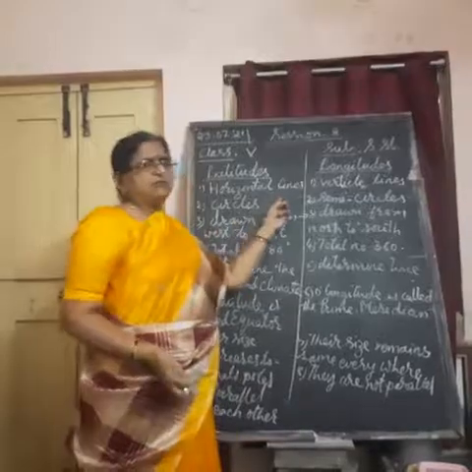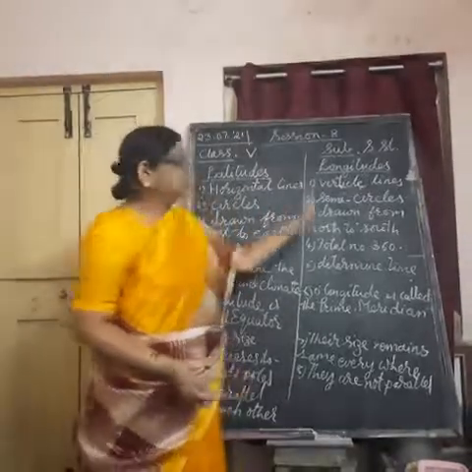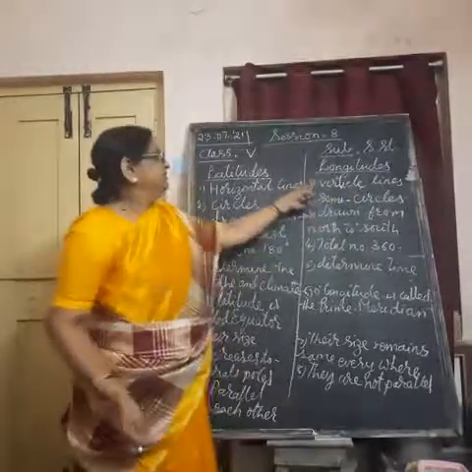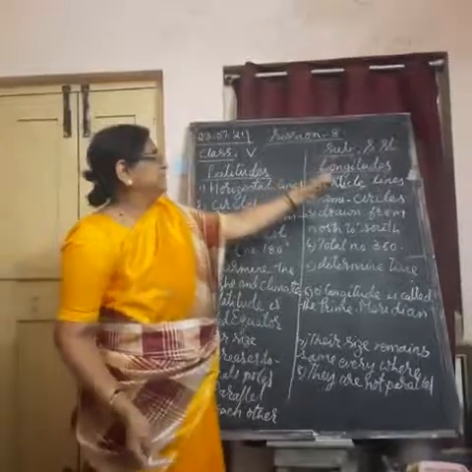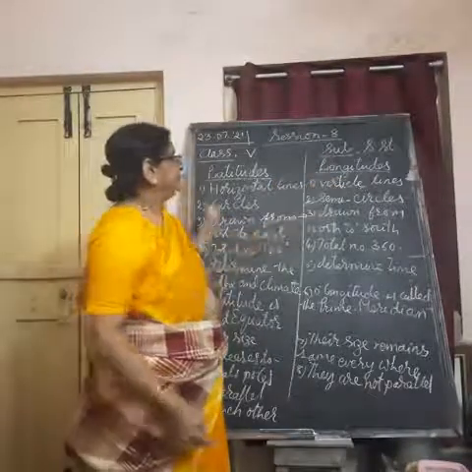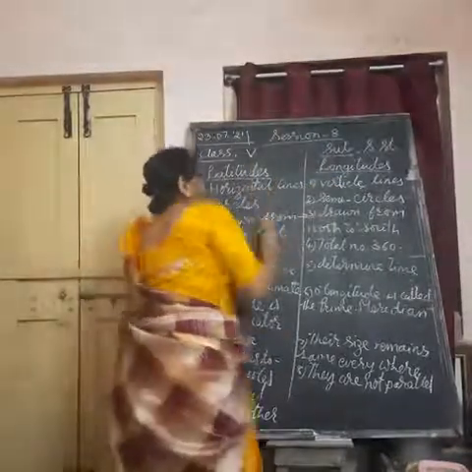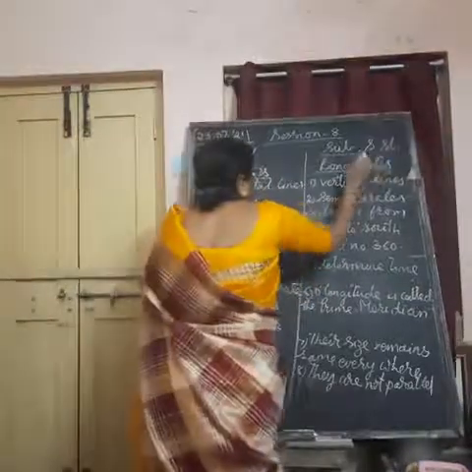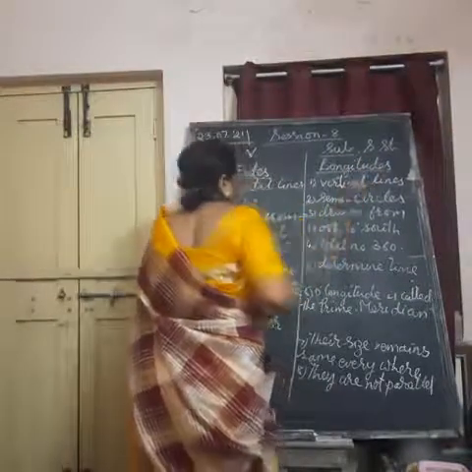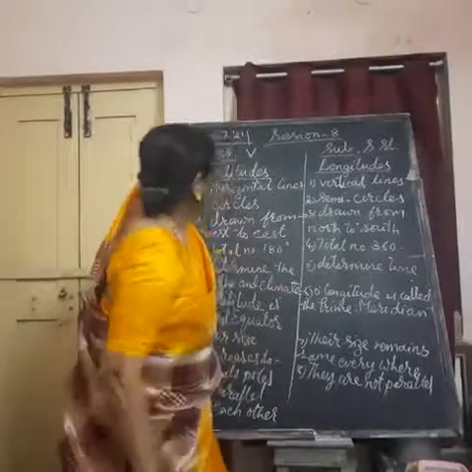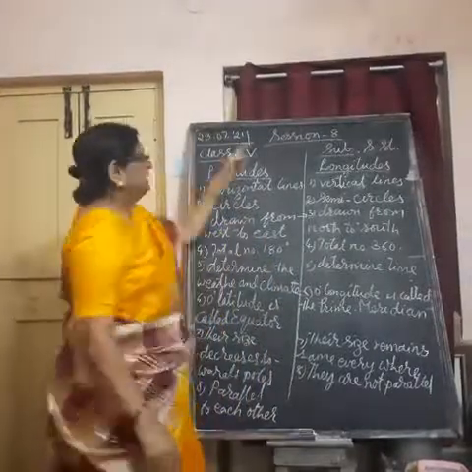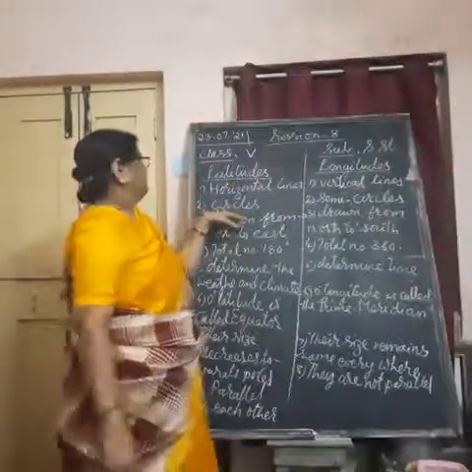Latitudes are the horizontal lines. They are drawn from west to east, whereas longitudes are vertical lines. Means they are drawn from north.